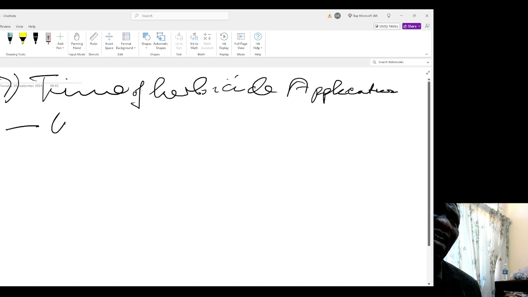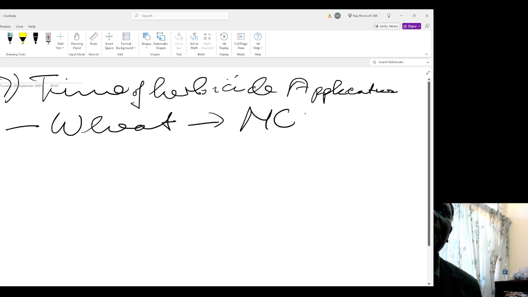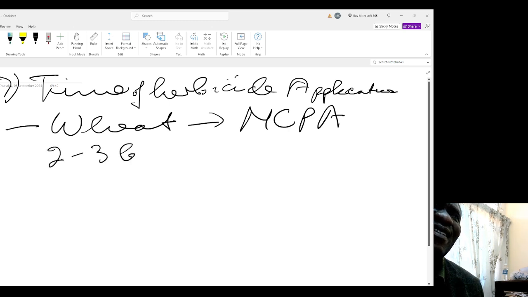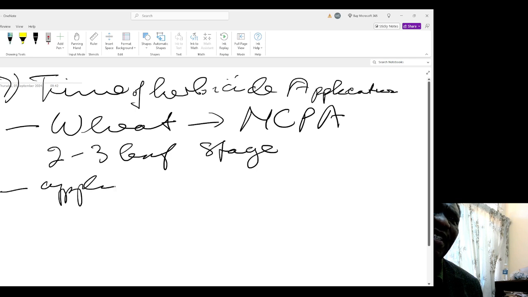Here we are thinking of wheat and MCPA herbicide, in which we should apply this herbicide at 2 to 3 leaf stage. Application beyond this stage will cause phytotoxicity.